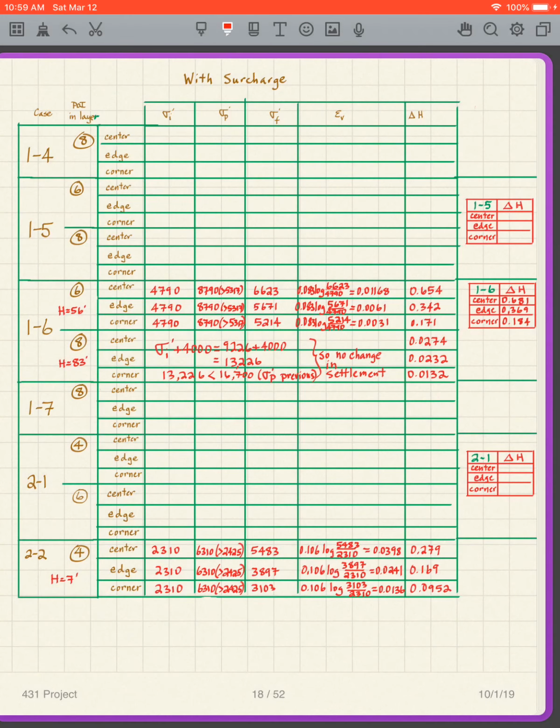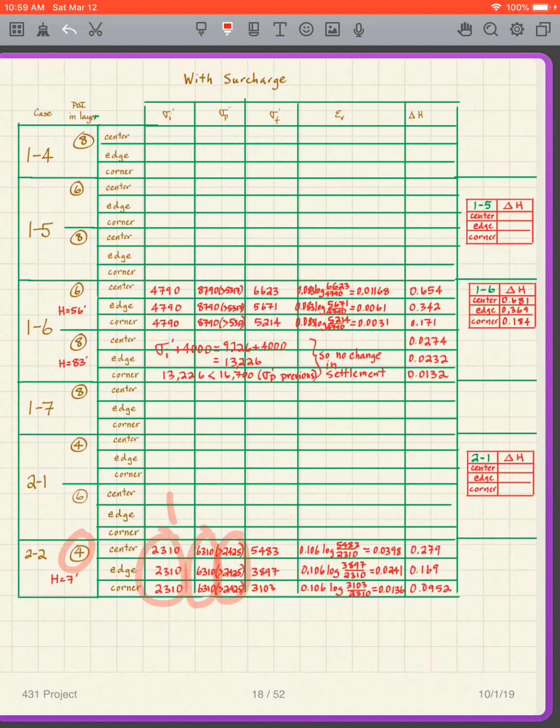Well, it's layer 4. It's not the same case, but we had our sigma prime p is 6310. It was greater than the previous sigma prime p, so we used the 6310. Well, how did we get the 6310? That was the 2310 plus 4,000, which was the weight of the surcharge.